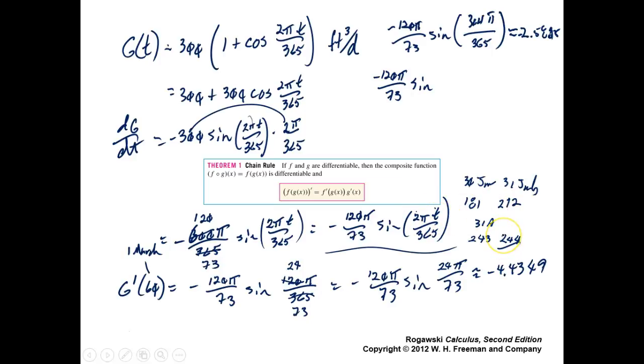The t is 244. So it'll be 488 pi over 365. Now my guess right off the bat would be, I hope this is turned positive now because the 1st of September should be not as hot as it was and maybe cooling a little bit. Let's see what you get.